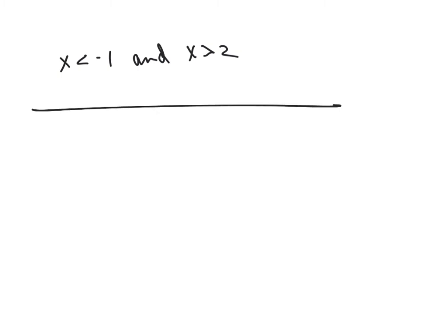Now, if you look at example 6, we have something that's a little bit weirder, more weird, is that a word? x is less than -1 and x is greater than 2. So let's graph it. 0, -1, 2. Okay, so let's graph red, x is less than -1.